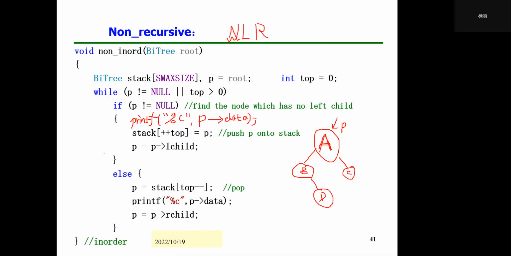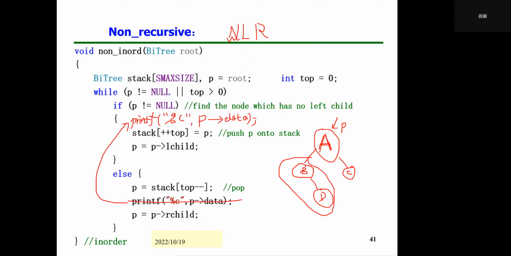We will modify the printf. We write here. We visit A, but we still need to store it, because when we visit the left subtree, we need to return to A and then go right.